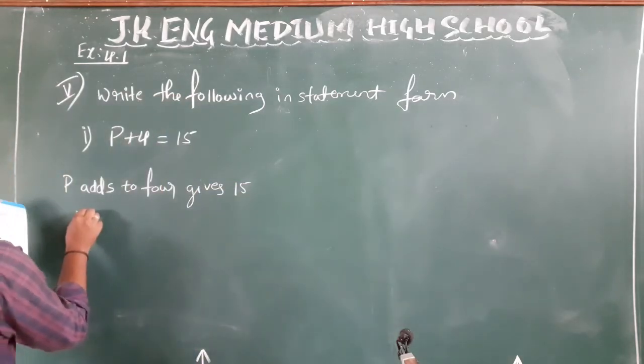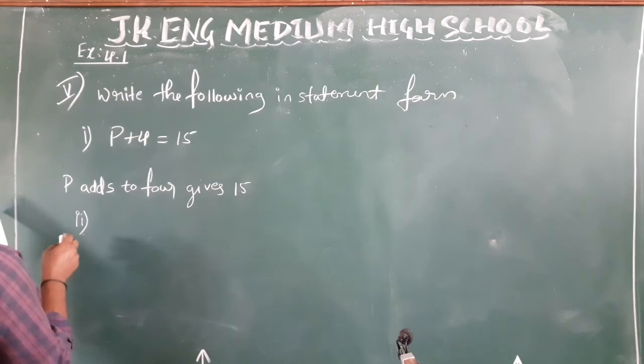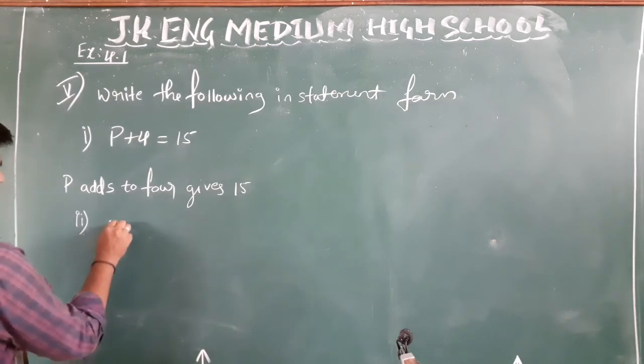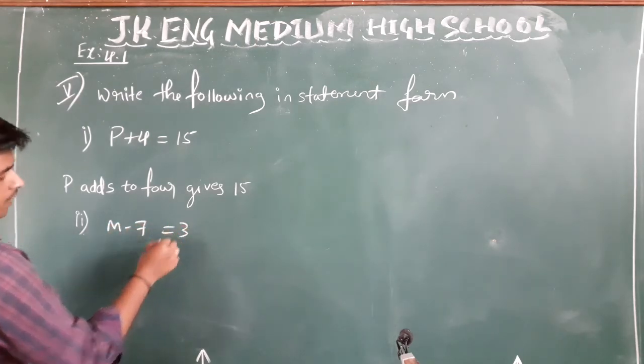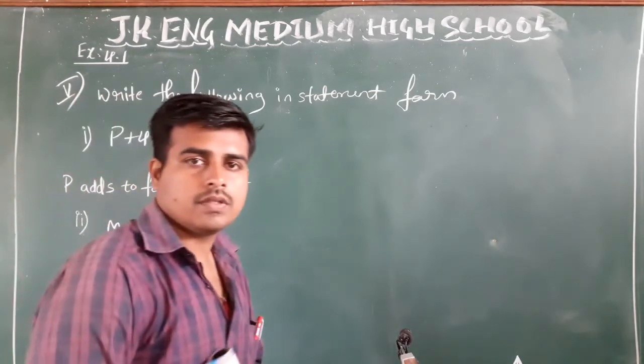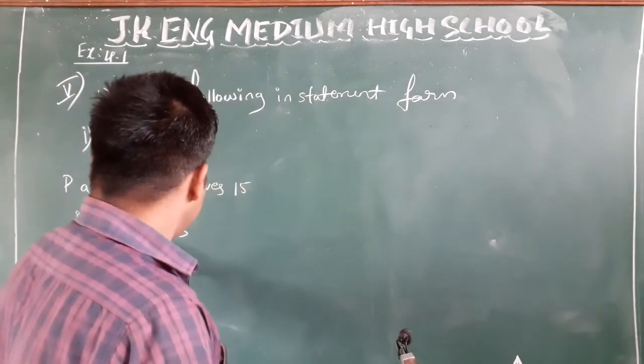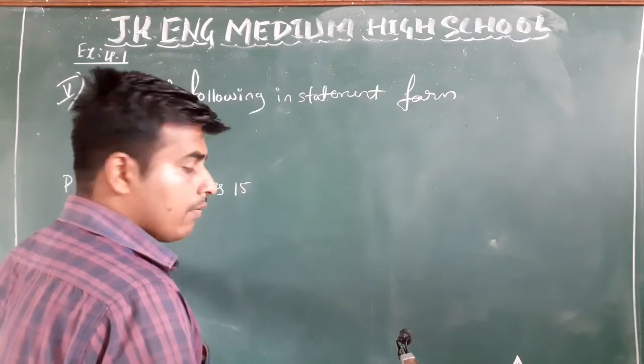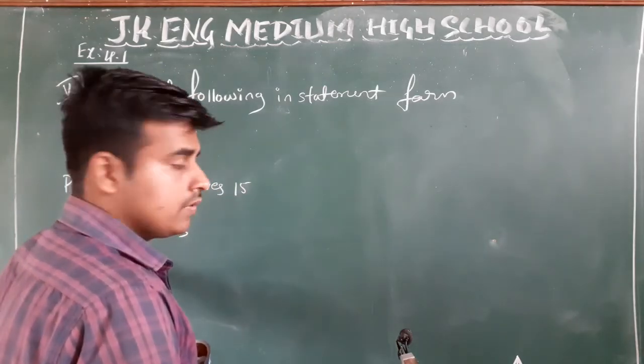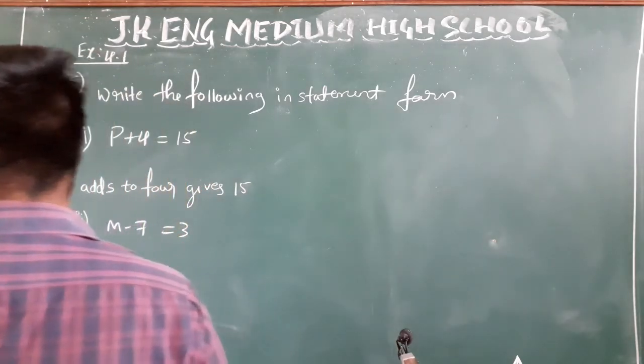Second one: m minus 7 is equal to 3. Whenever subtraction comes up, you have to use, if 7 is subtracted from m.